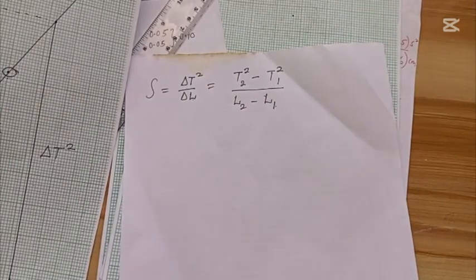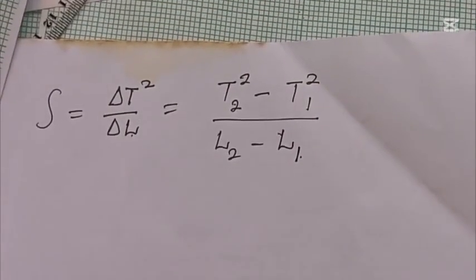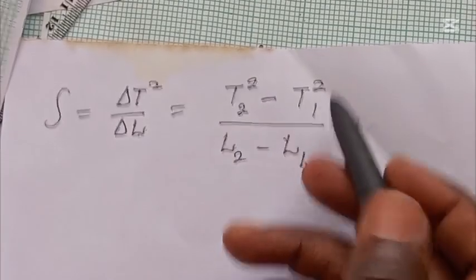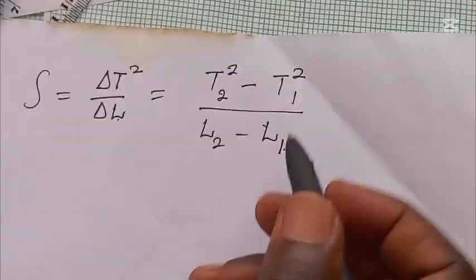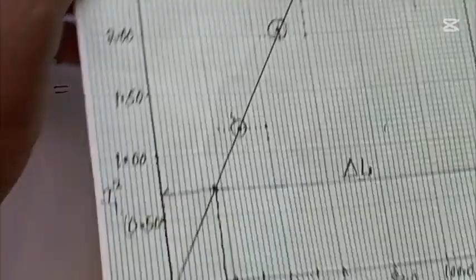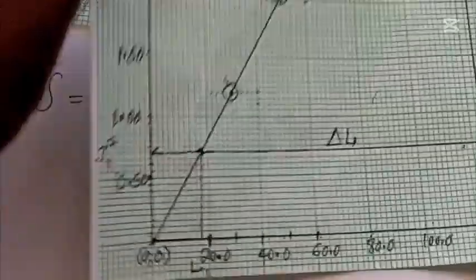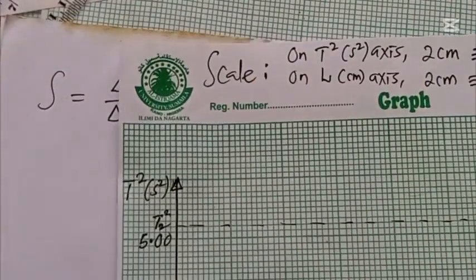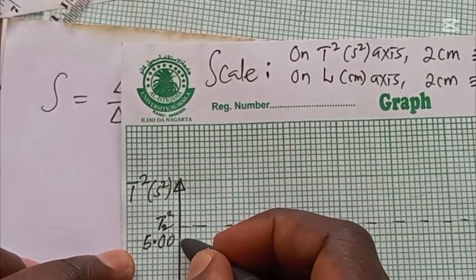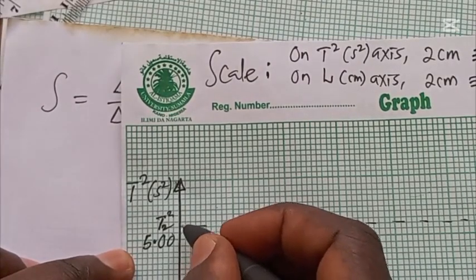Okay, great. Now we have to take the difference, the second one minus the first one. Okay, let's bring this and see. We use our scale to take that. Okay, this is 5. And how many divisions do you have after this 5? 1, 2.